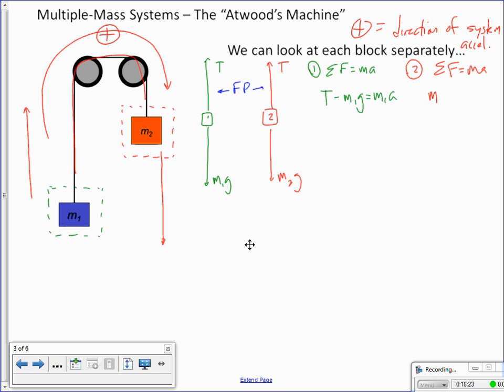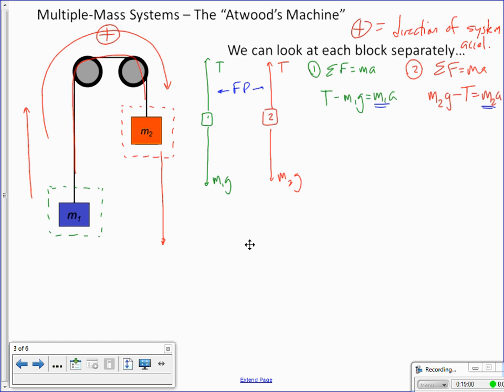This one's going to go m2g minus T equals m2a. Now, just notice, if I'm looking at each part of the system individually, that's why I do this. On the last page, I did a net force statement equals m system a, but that's when we were looking at the whole system. Now I'm looking at each mass individually, so I use the mass of the part I'm looking at. Okay?